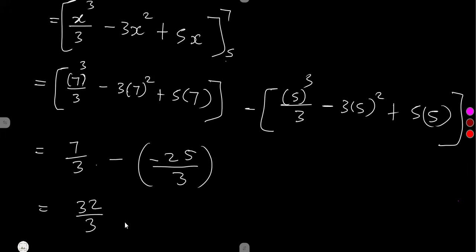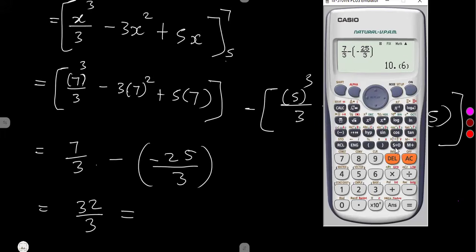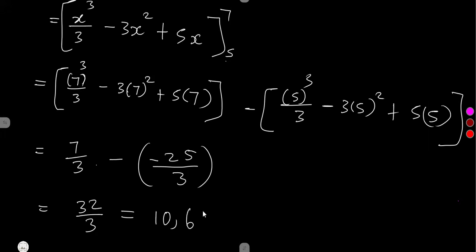So that's 32 over 3, which as a decimal, because we wrote the previous one as a decimal, let us also have this one as a decimal, 10.667. So that is what we are going to have, square units or units squared. That's our second area.